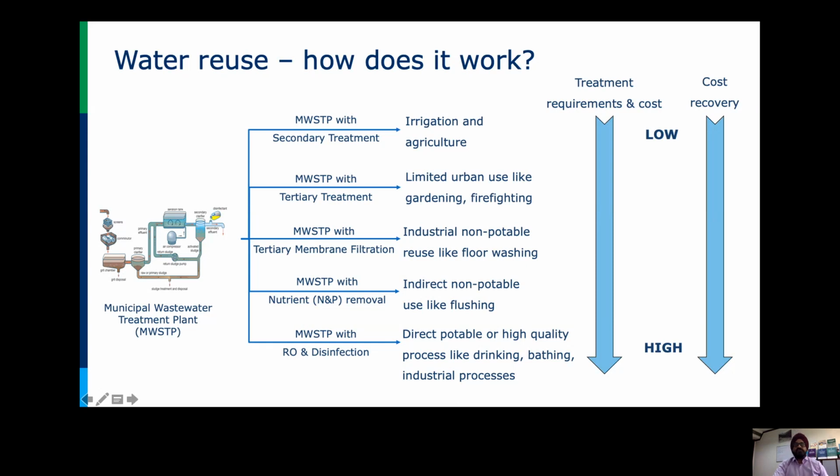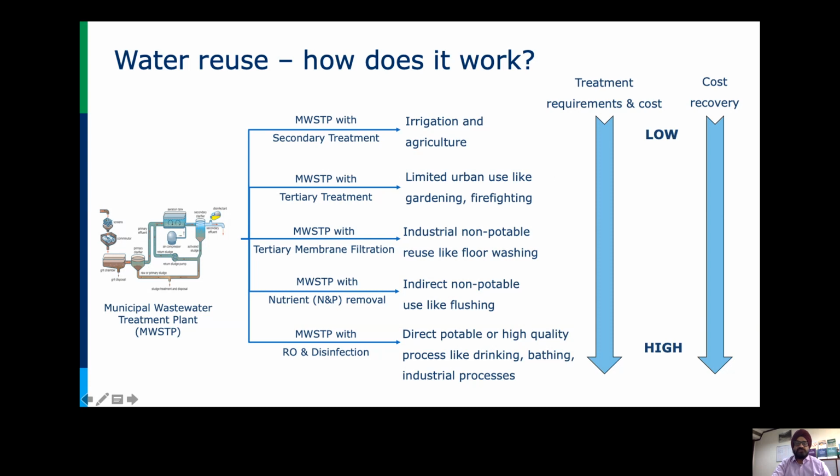For example, for agriculture, you just need a secondary treatment to get the BOD levels which are appropriate, and then that can be used for agriculture and irrigation. Otherwise, for other purposes, you'll have to do more treatment.